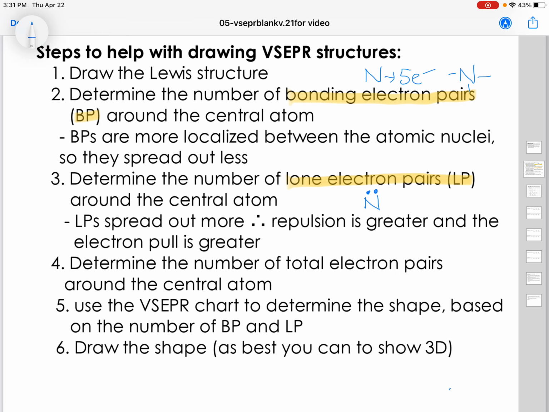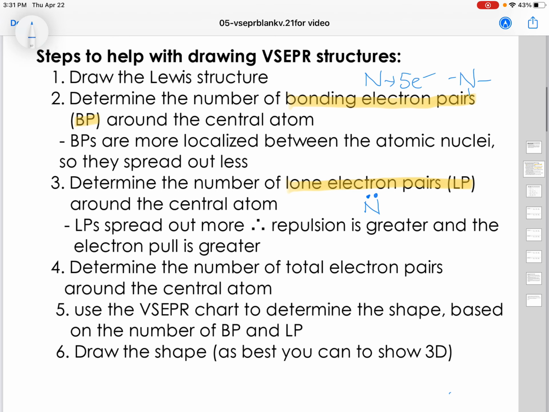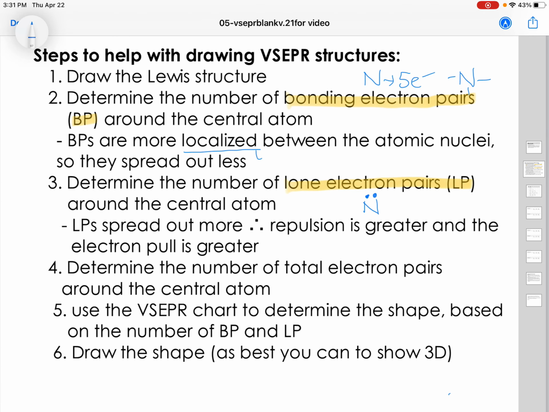So localized again means they have very minimal movement, or their location is more set in stone. They don't have a lot of room to move, which means they spread out less. So they're going to have not as big of an impact on both the 3D shape and whether or not that molecule, the overall molecule, is then polar.